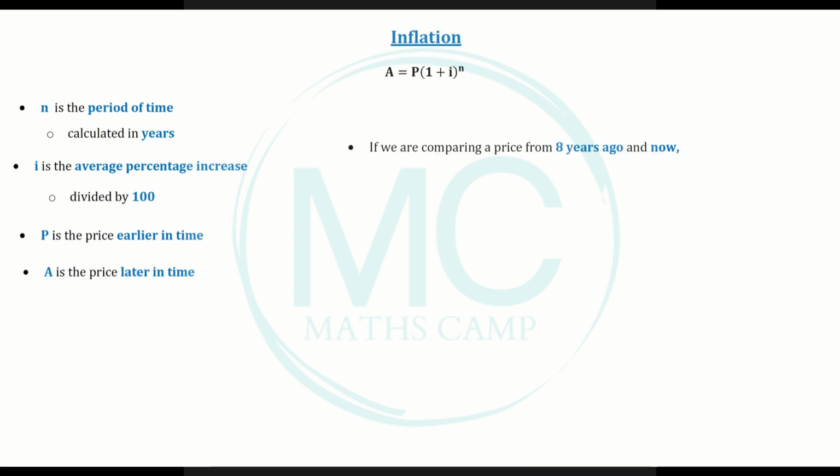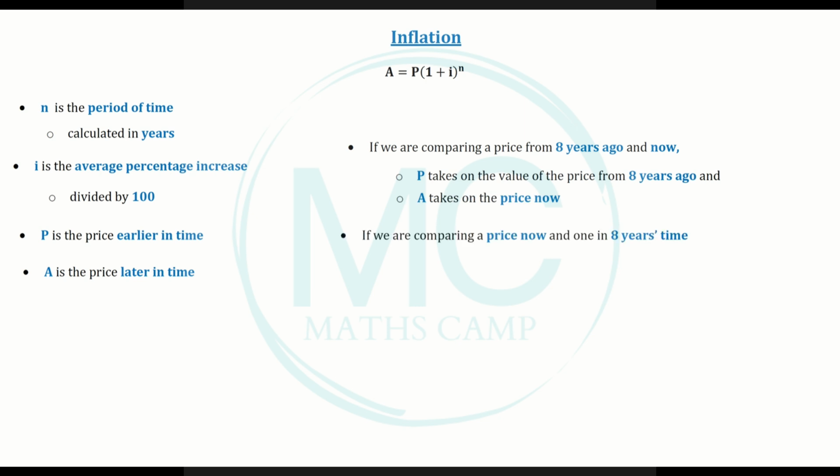As an example, if we are comparing a price from 8 years ago and now, P takes on the value of the price from 8 years ago, and A takes on the price now. But if we are considering a price now and one in 8 years' time, the price now takes on the value of P, and A takes on the price 8 years into the future.